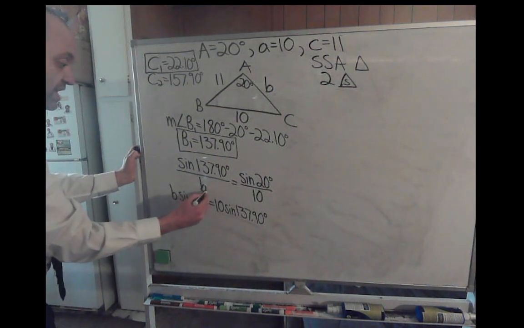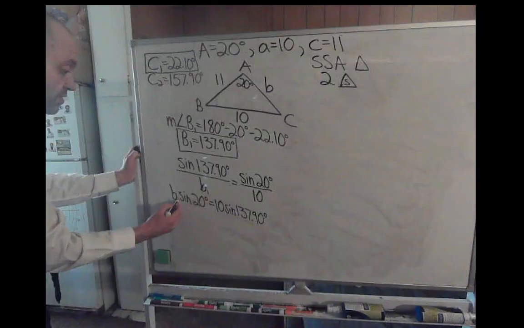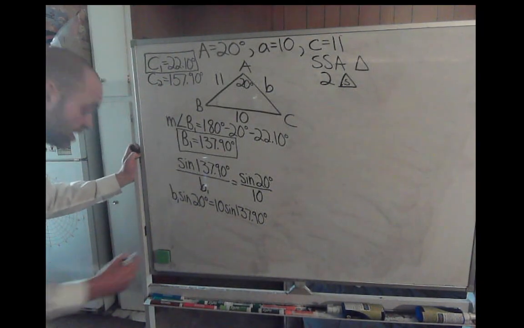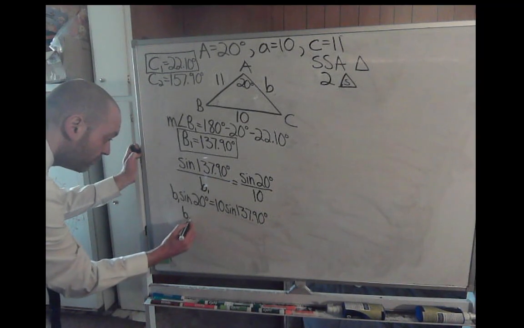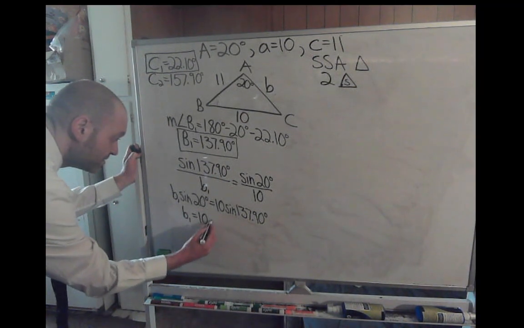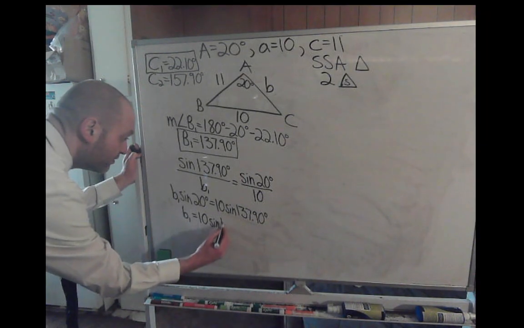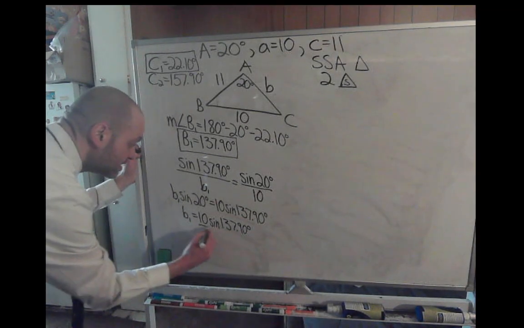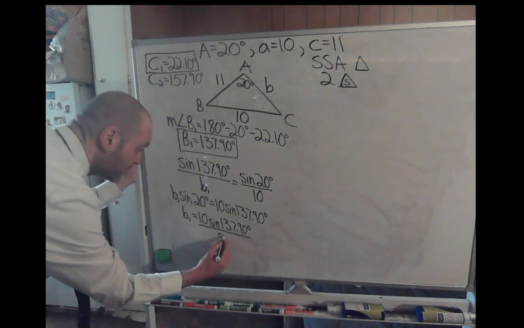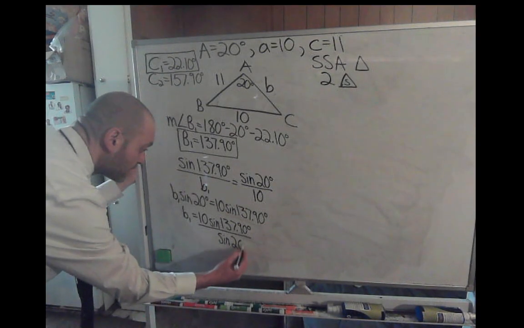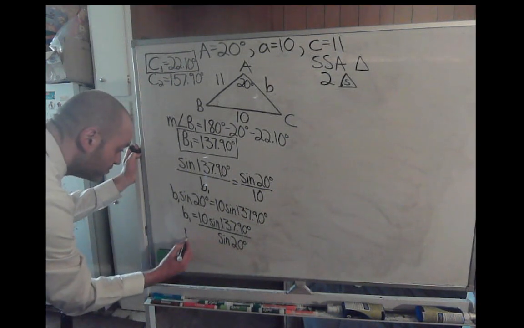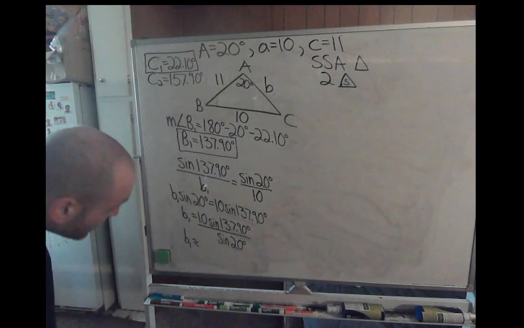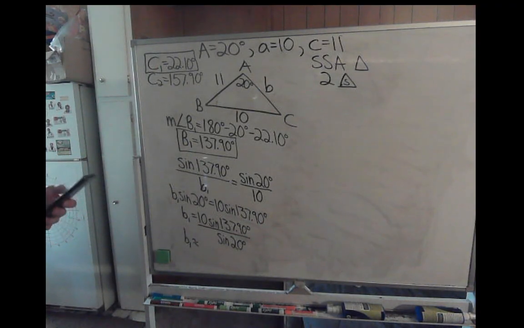Actually, let's call this side B sub 1 because you're also going to have two side B's since you have two triangles. So that means B sub 1 would equal 10 times the sine of 137.90 degrees divided by the sine of 20.